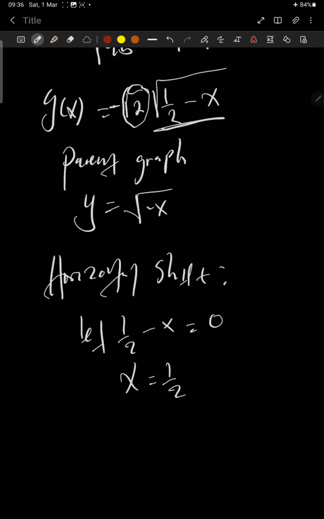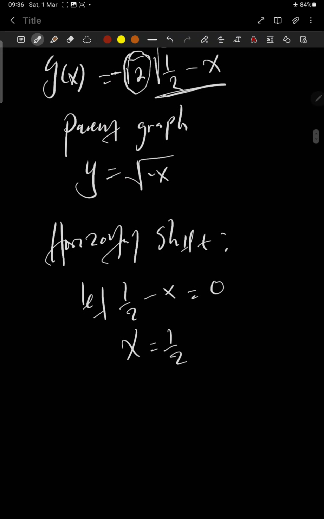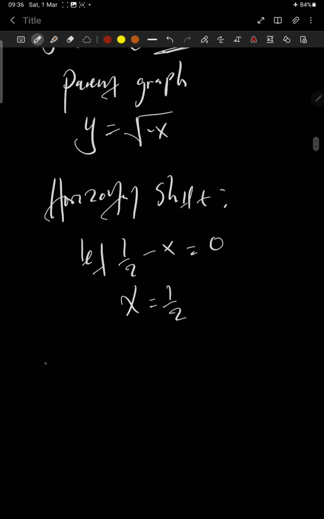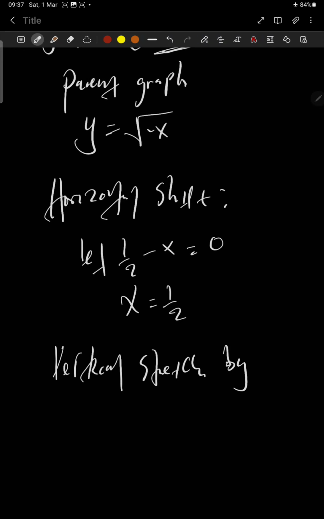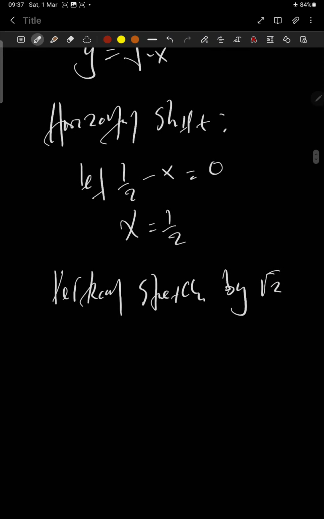Square root of 2 is 1 point something, 1.4, so it's greater than 1. So you're going to have a vertical stretch by square root of 2. Now you have everything. Do you have the reflection? Yes, you have the reflection. The reflection will be applied to your original function.